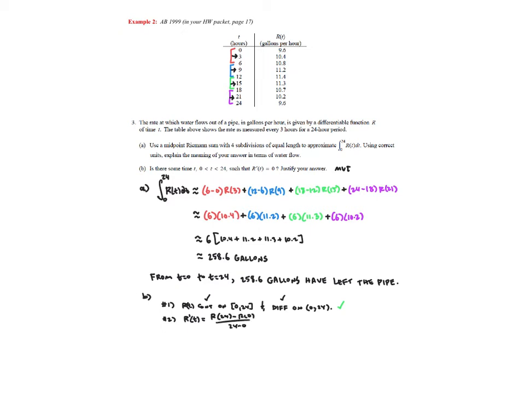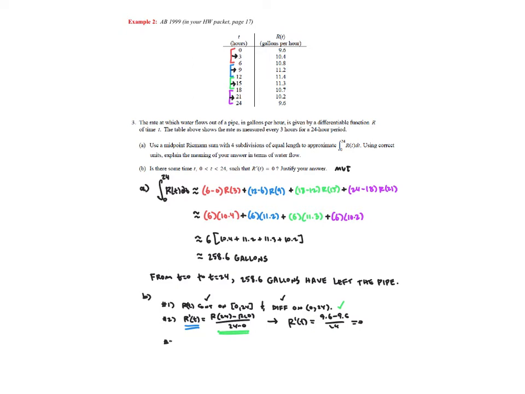What does that mean? That means that the slope of the tangent line somewhere on the curve has to be equal to the slope of the secant line. So I'm going to do a little bit of work here. That tells me that r prime at t has to be equal to 9.6 minus 9.6 over 24, which means it has to equal 0 somewhere.